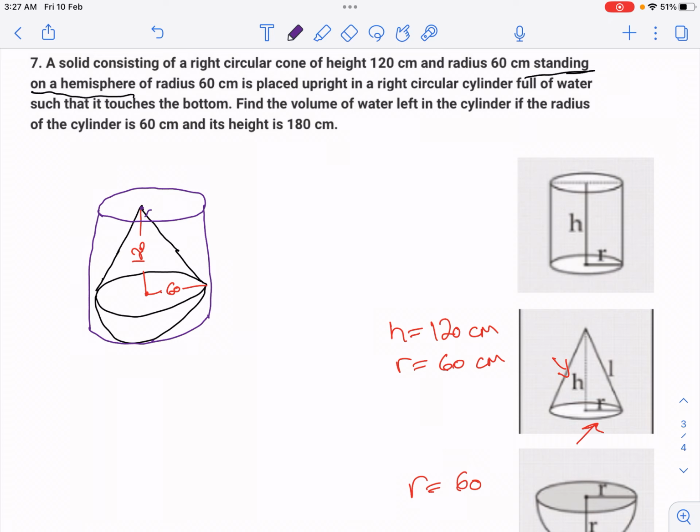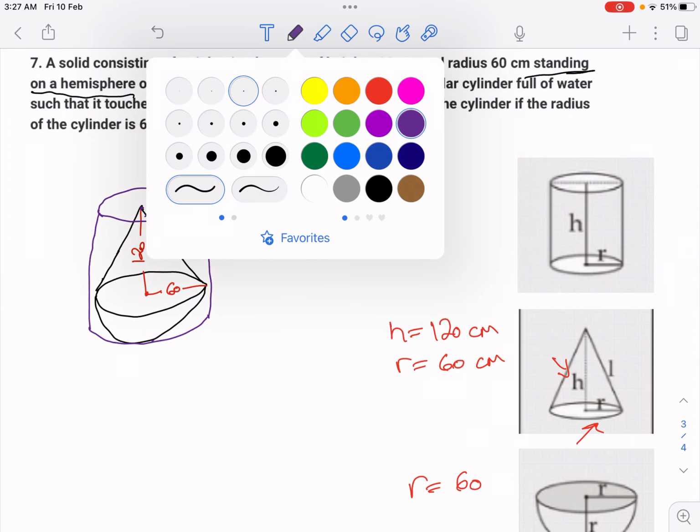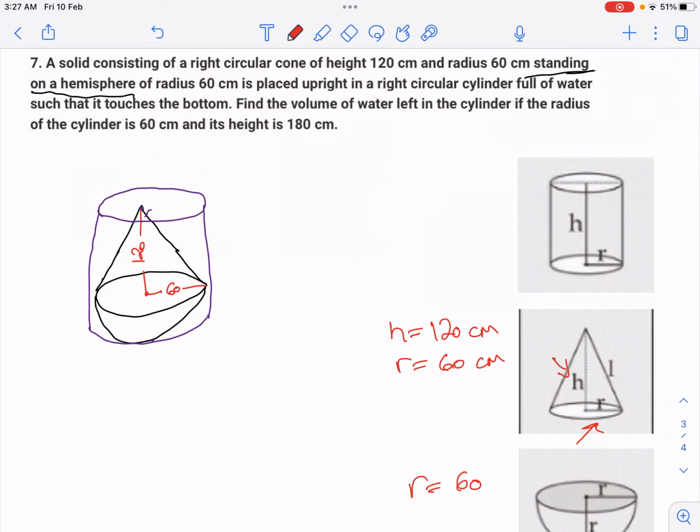Find the volume of the water left in the cylinder if the radius of the cylinder is 60. So now, just to recap, the radius of the cone is 60, the radius of the hemisphere is 60, and the radius of the cylinder also is 60 centimeters, and its height is 180 centimeters.